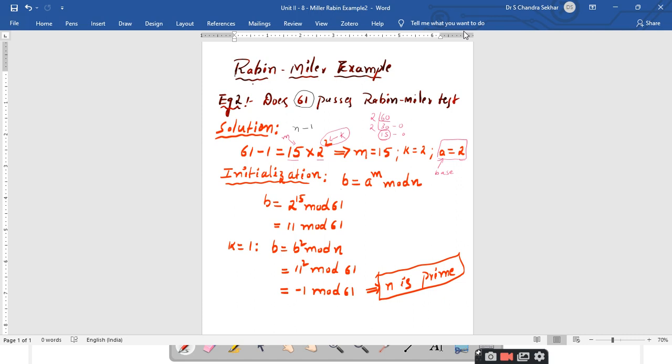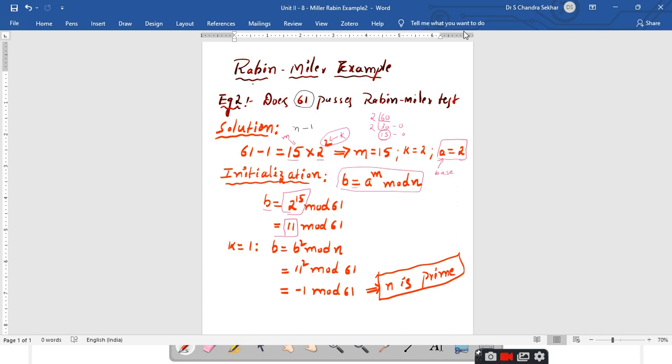Initially you have to calculate the value of B with this formula: B is congruent to A power m mod n, where A is 2, m is 15 and n is 61. So B is calculated as 2 power 15 mod 61, and that gives the value 11.